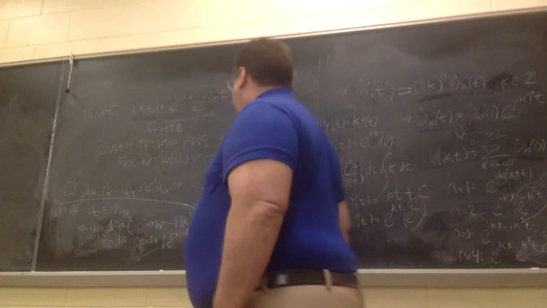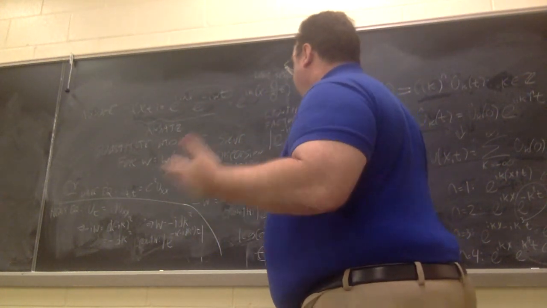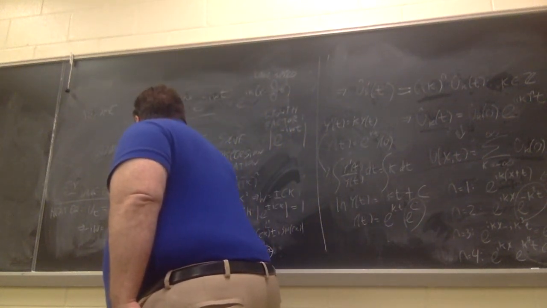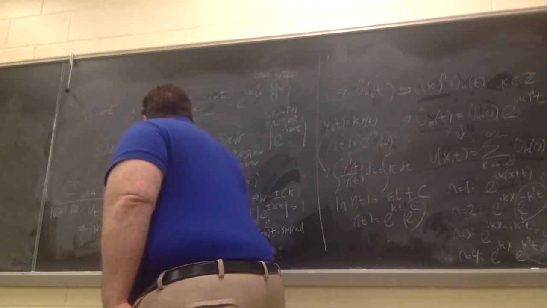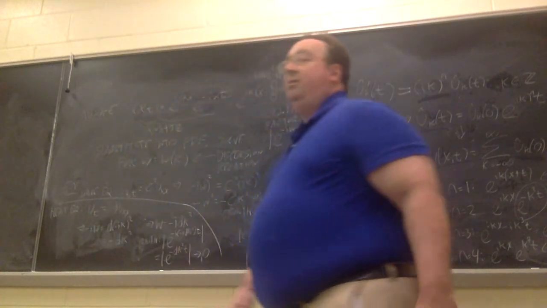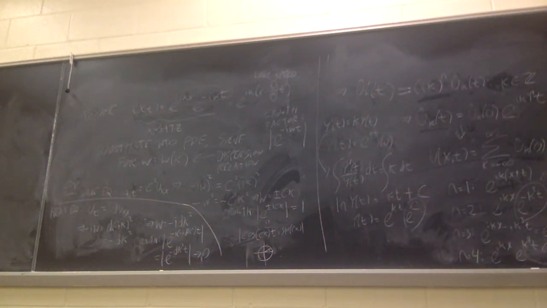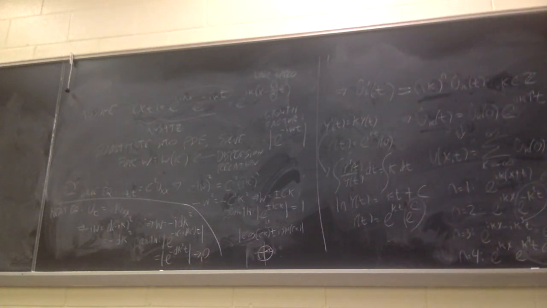So now we have minus i and minus i. Well, minus i squared is minus 1. So we have e to the minus d k squared t, which goes to 0 as t increases. But that's what we expect of a heat equation. All the waves are decaying exponentially as we go. Okay.